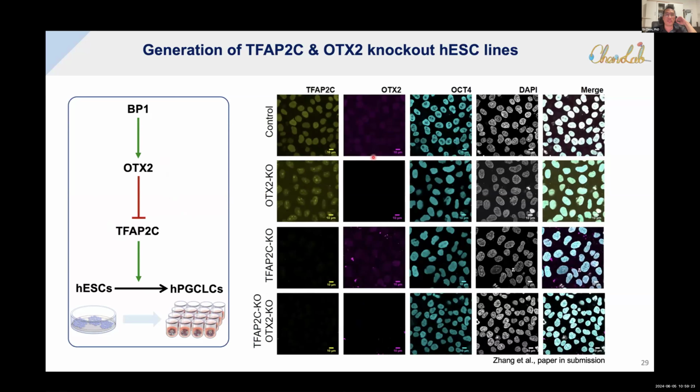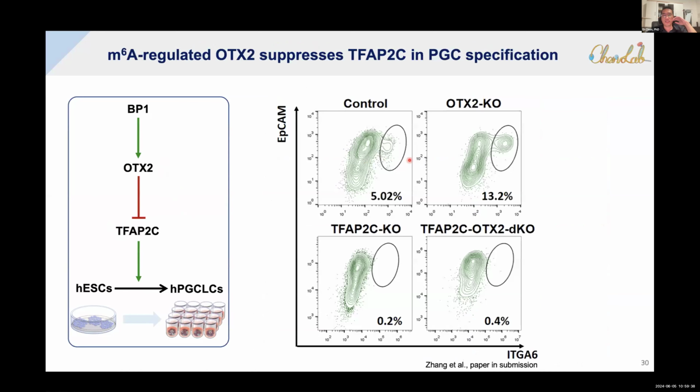So we made the double mutants for TFAP2C and OTS2, and we used immunofluorescence to prove that indeed in OTS2 mutants, there's no OTS2, and in TFAP2C mutants, there's no TFAP2C, and then in double mutants, there are neither of these two proteins. And we found that in the control it is about 5%, and in OTS2 mutants it is increased.